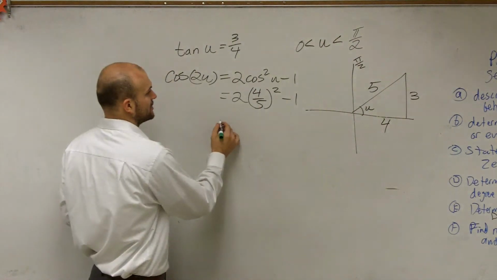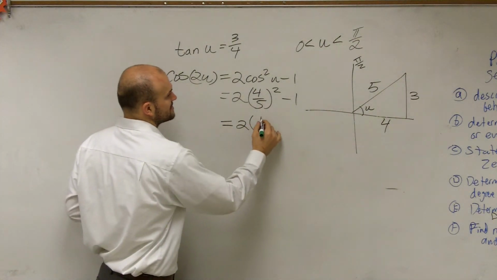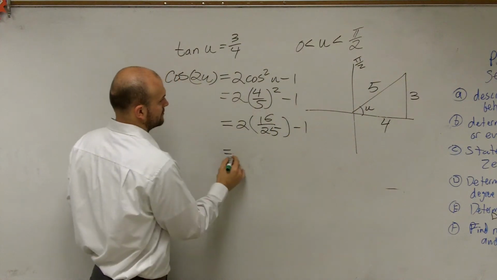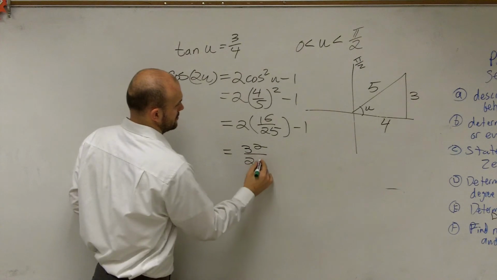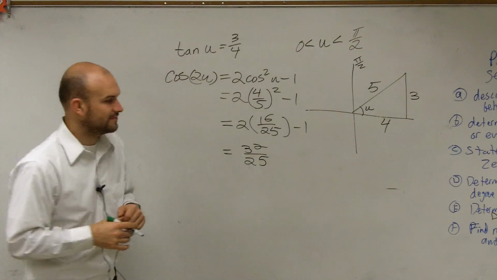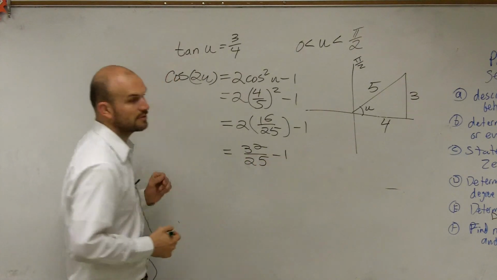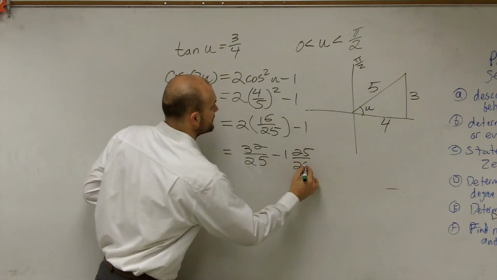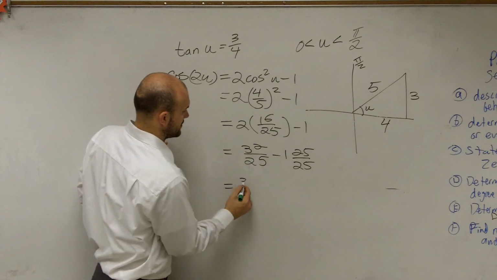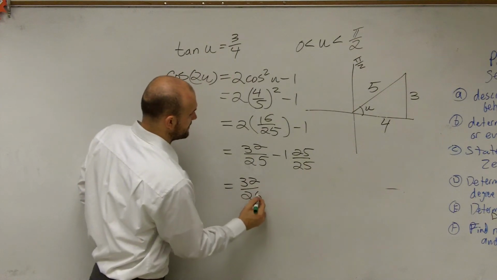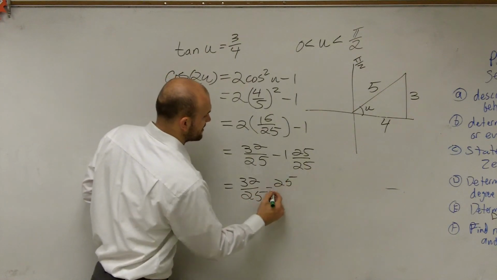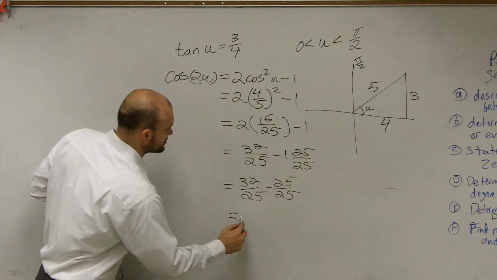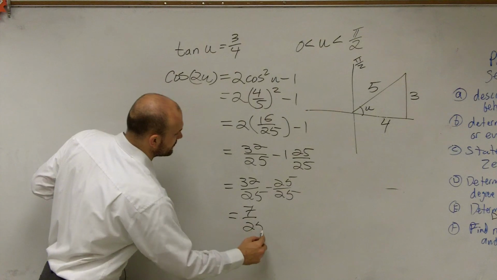So now I'll have 2 times 16 over 25 minus 1, which is 32 over 25 minus 1. Now, to subtract them, I write 1 as 25 over 25. So I get 32 over 25 minus 25 over 25. And then your final answer is going to be 7 over 25.